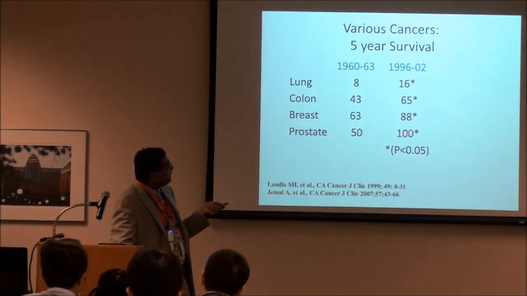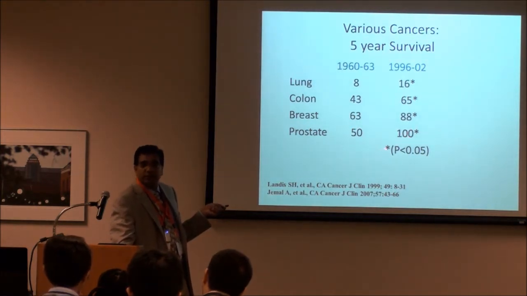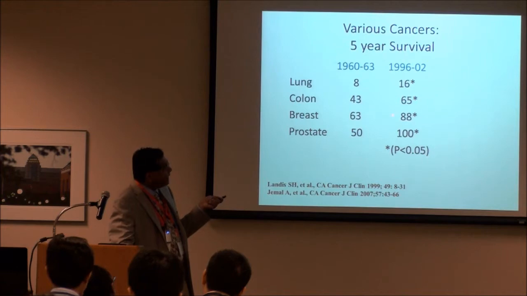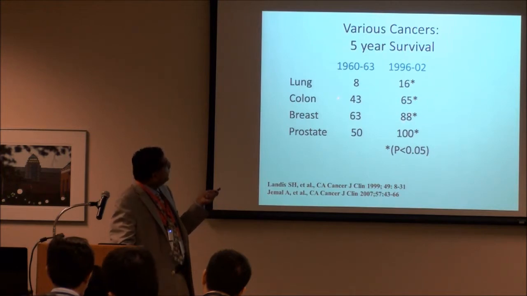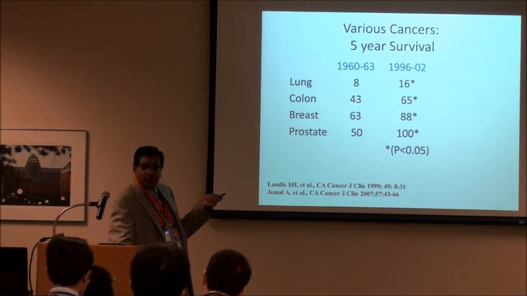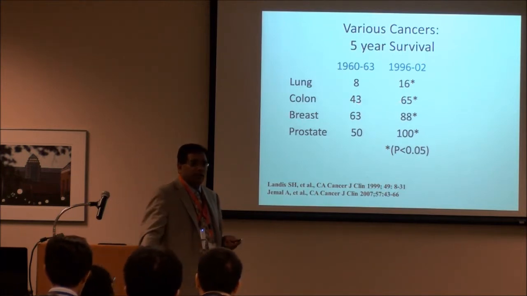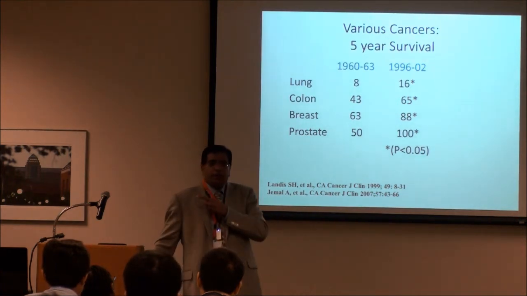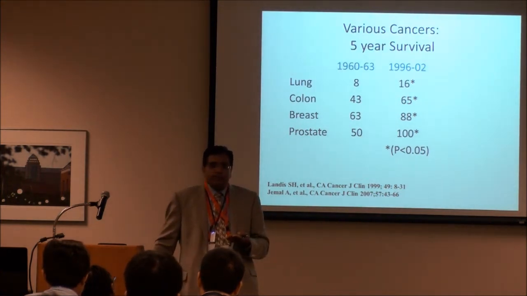In 1996, 100% of them lived. Breast cancer, from 63% to 88%. Look at colon, from 43% to 65%. So whatever we have done in colon, breast, and prostate, because of intellectual minds like you, has made progress and a difference to mankind.